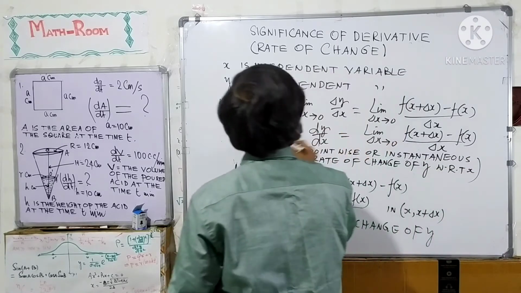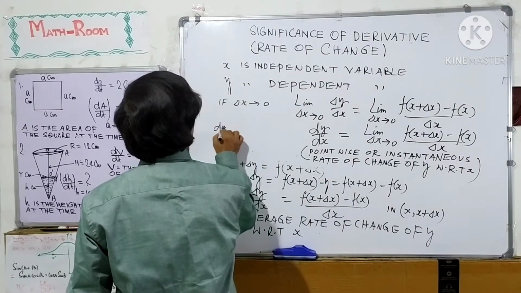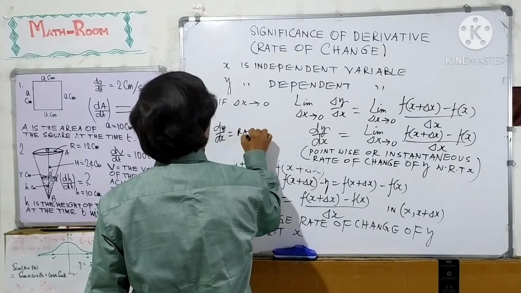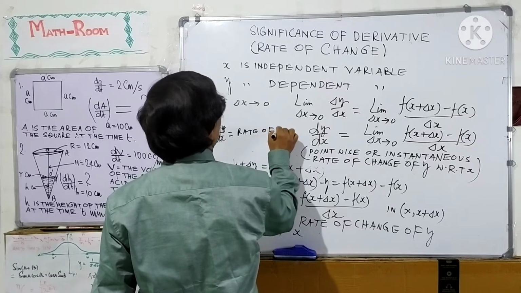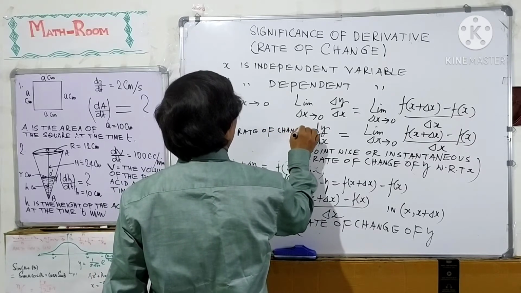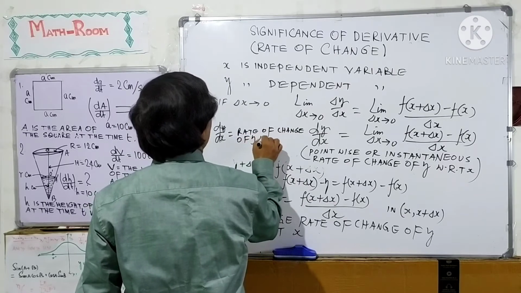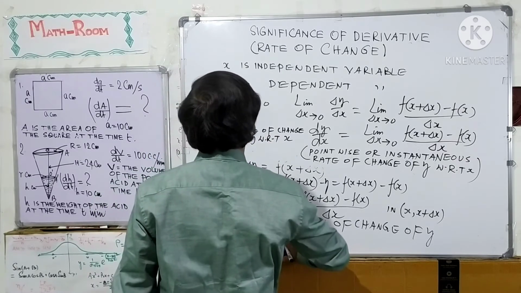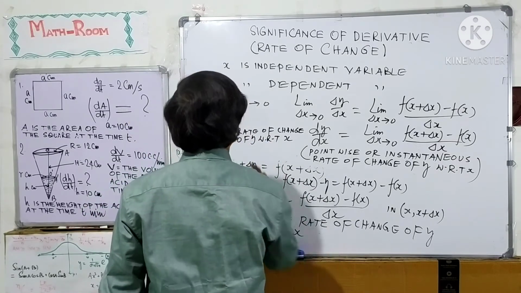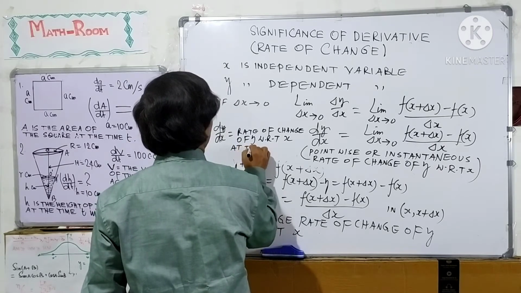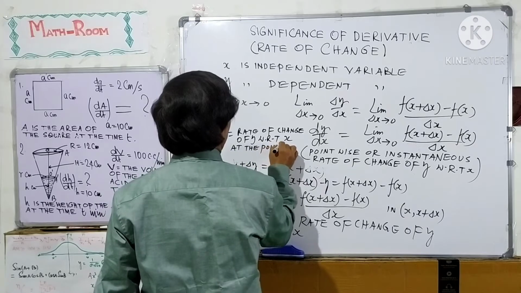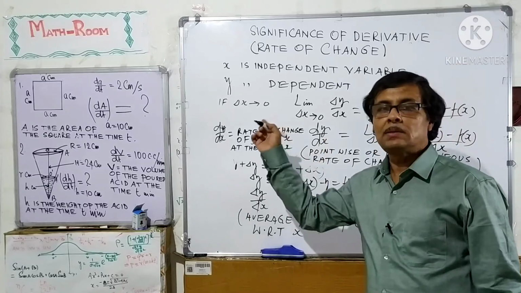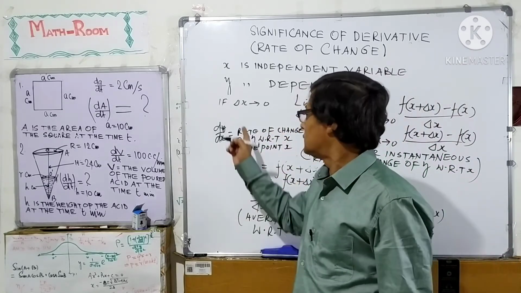That is, dy/dx is also the rate of change of y with respect to x at the point x. So, these are the mathematical significance of del y over del x and dy/dx.